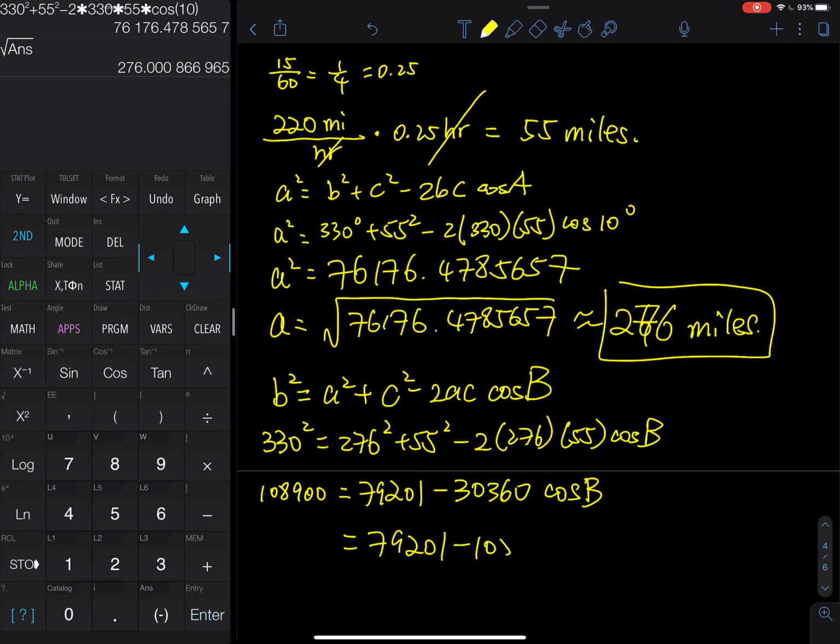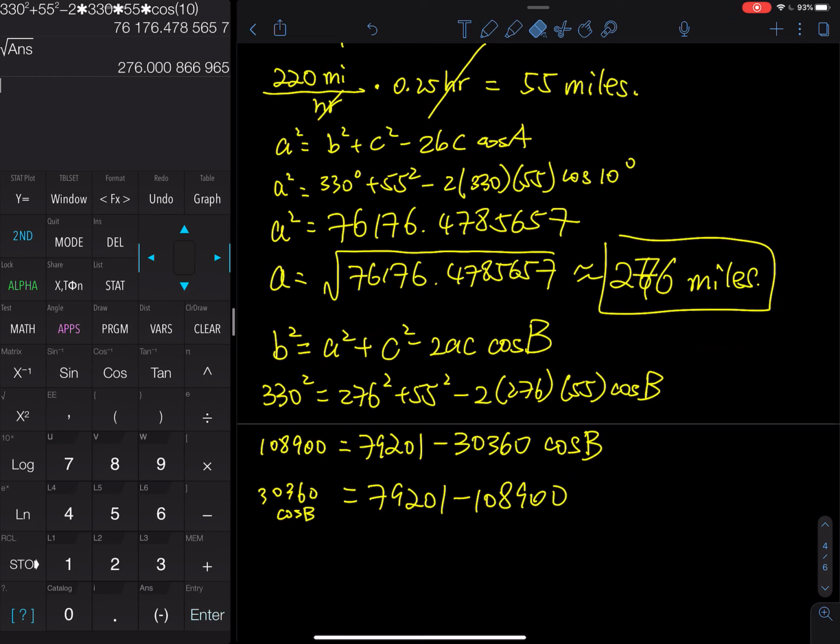The minus becomes a plus. And then I will just go straight to find B.